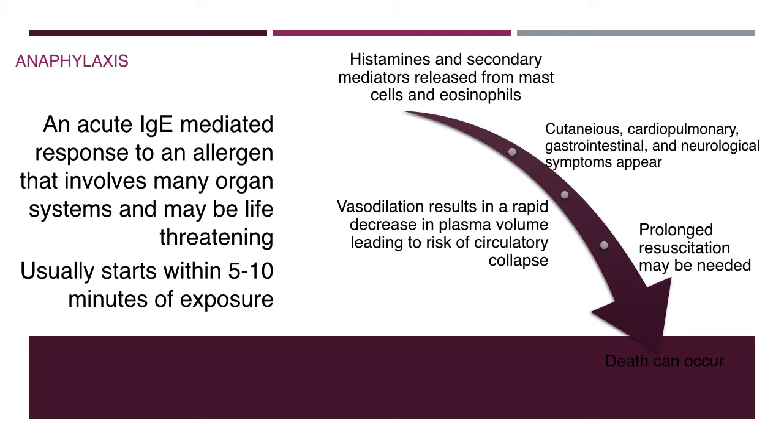Then we get cutaneous and cardiopulmonary, gastrointestinal, and neurologic symptoms start up. And then we get vasodilation, resulting in rapid decrease in plasma volume, leading to the risk of circulatory collapse. Finally, they may need prolonged resuscitation, including volume. And if we can't stop it at that point, death will result.